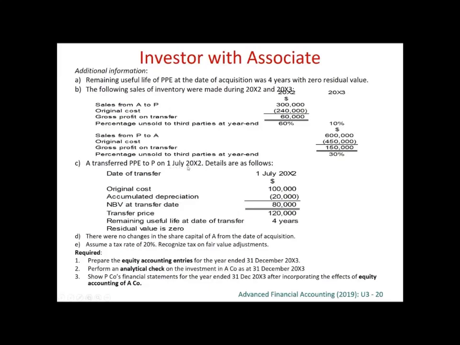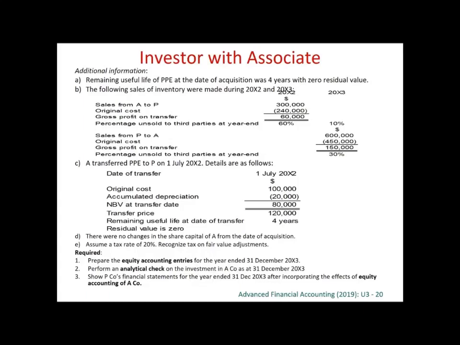Notice the date. Now it is 31st of December 2003. So this 1st of July 2002 is the middle of last year, and therefore, depreciation adjustments will be made only for half a year last year.